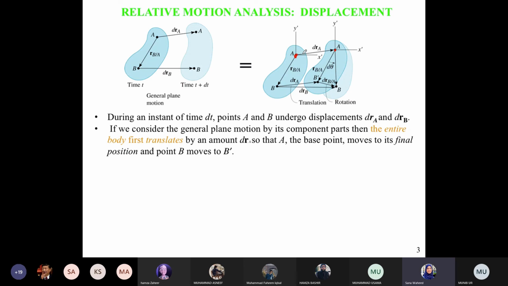So when we did only the translation, A got to its final position, but what happened with B? If we translate B only by DRA, this is DRA, then it only reaches B prime. Then what do we have to do? On top of that we have to add a rotation about A, so that B reaches its true final position. So this one is due to translation and this one is due to rotation, and then when we add these two up, we get our final total displacement of the point B.